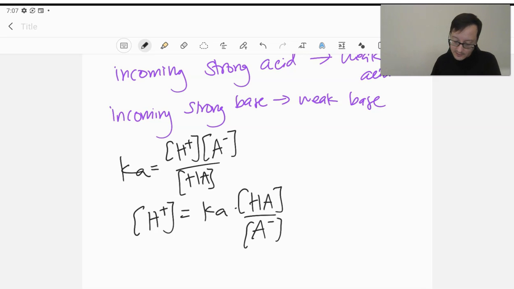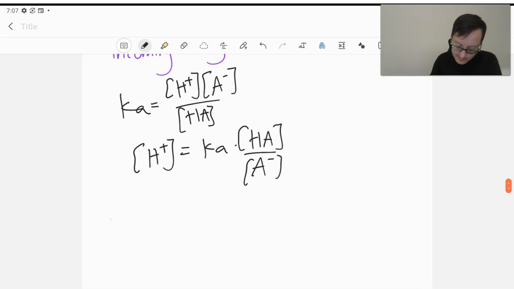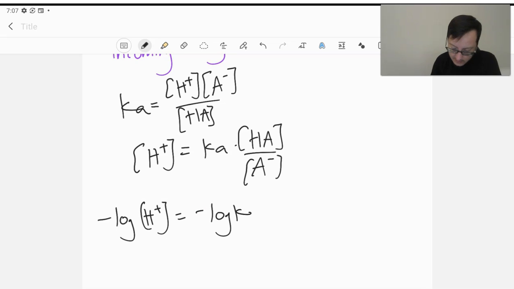Once we do that, if we take the negative log of both sides, the negative log of H plus is negative log of Ka. Remember that for logarithms of things that are multiplied or divided, those become addition and subtraction. Like log xy, x times y, is log x plus log y. So you can distribute the logarithm there.